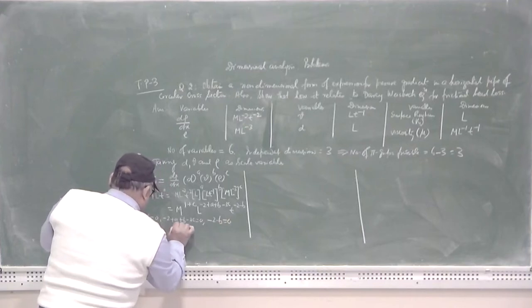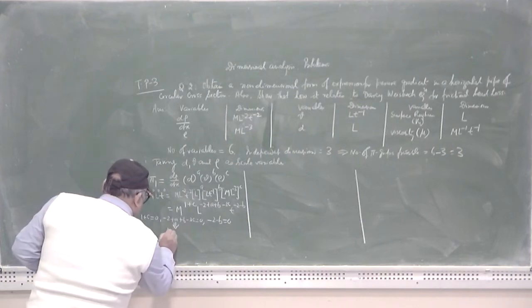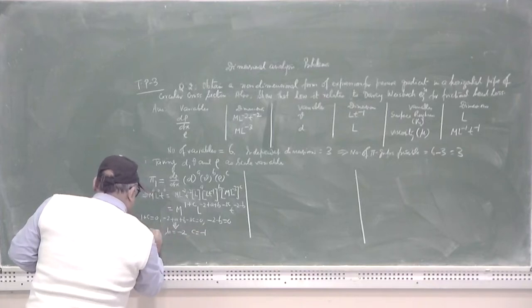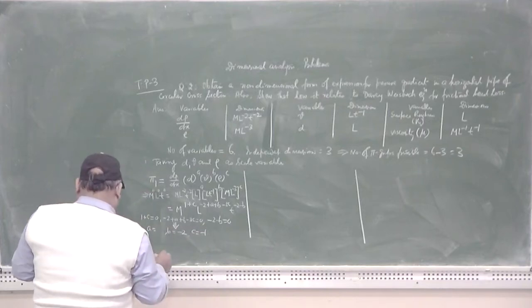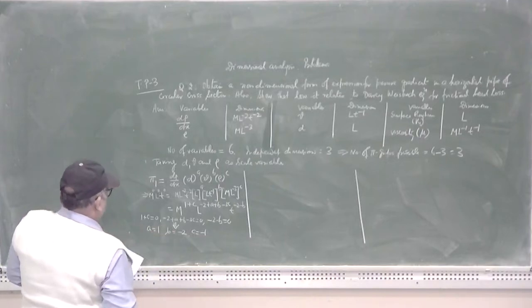It gives rise to the values b is equal to minus 2, c is equal to minus 1, and a is equal to 1.